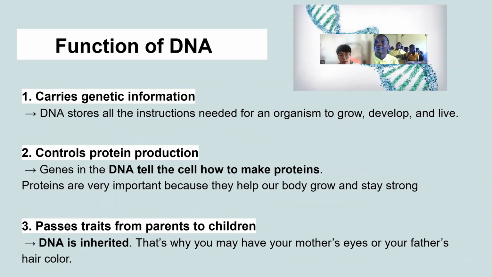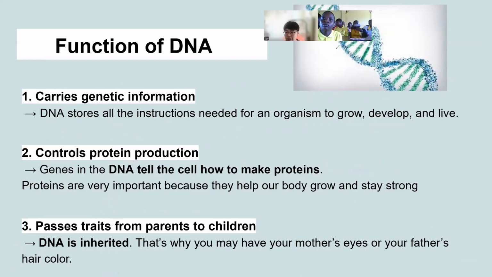DNA carries a lot of genetic information, right? DNA stores all the instructions that are needed. DNA has a lot of genes. This part can be one gene that shapes who we are and what we look like. But DNA can also control protein production.